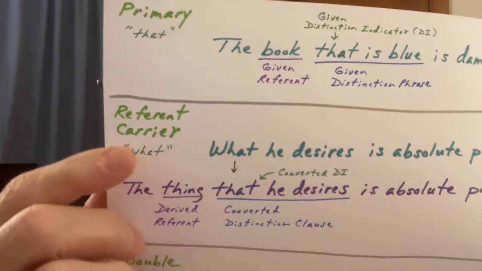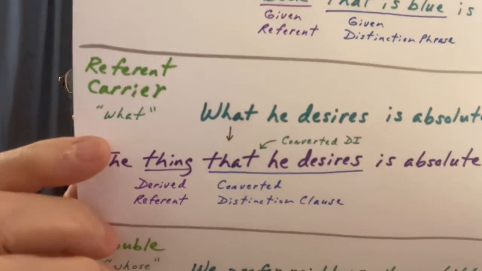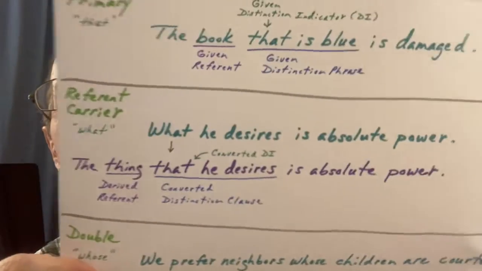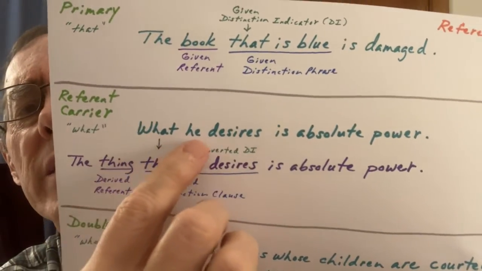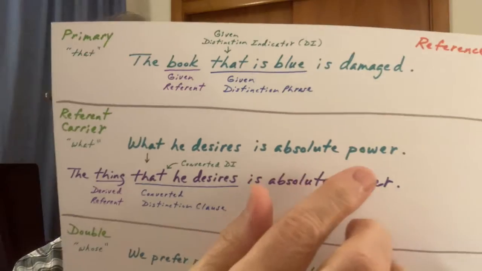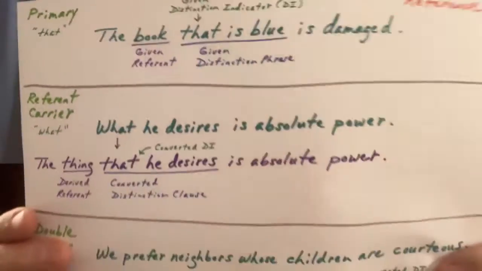With your referent carrier example, I used the word what. We have a sample sentence here: What he desires is absolute power. We do a conversion like I taught in my videos, and what we end up with in the mind is: The thing that he desires is absolute power.